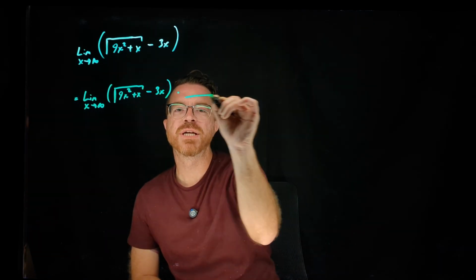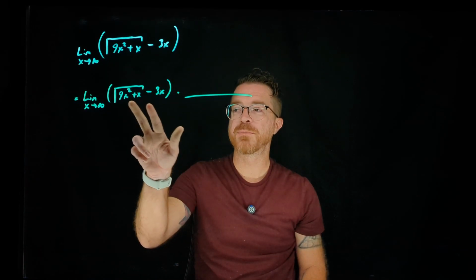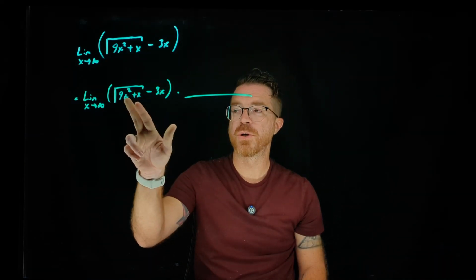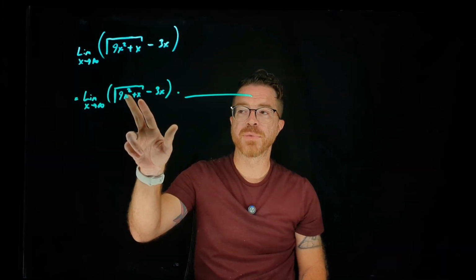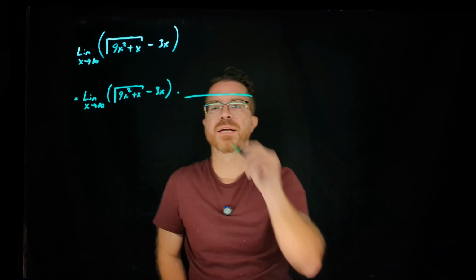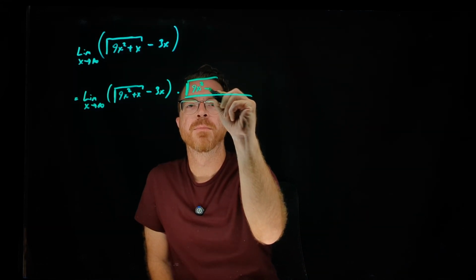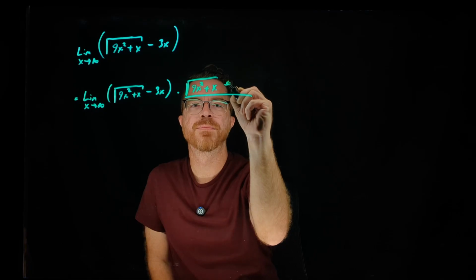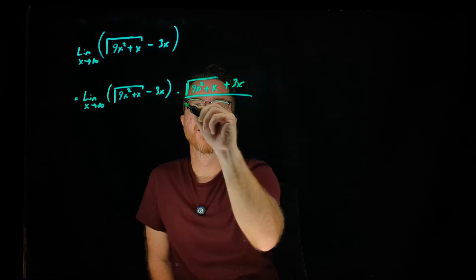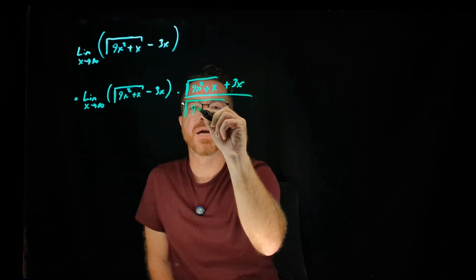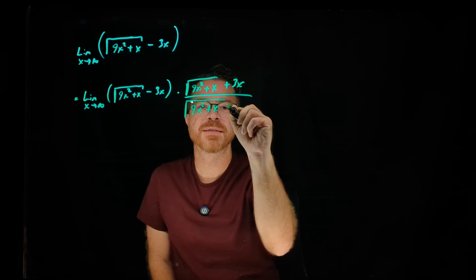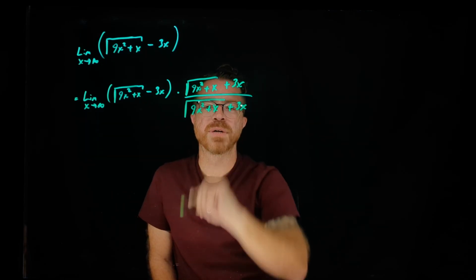If you remember, the conjugate is the same two terms, but we change the operation. So it'll be the square root of 9x squared plus x plus 3x, divided by the square root of 9x squared plus x plus 3x.